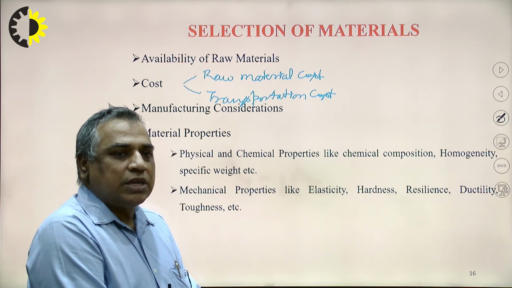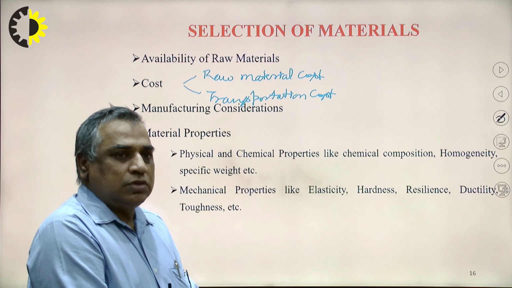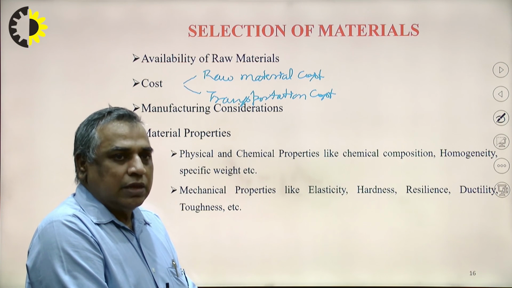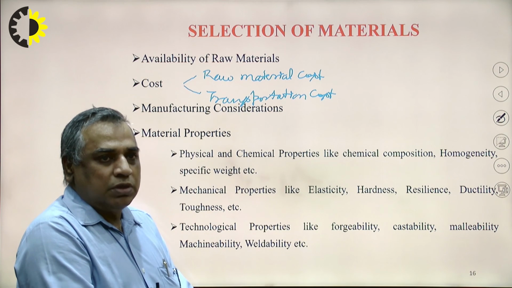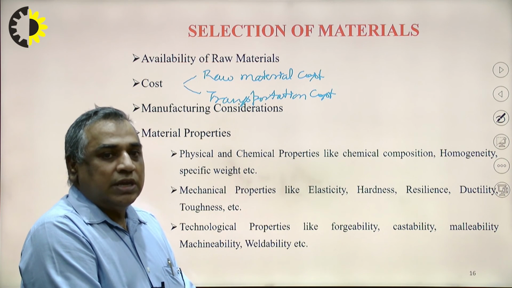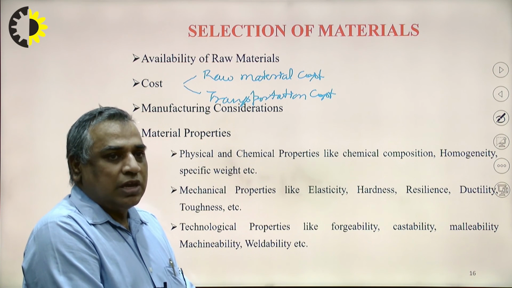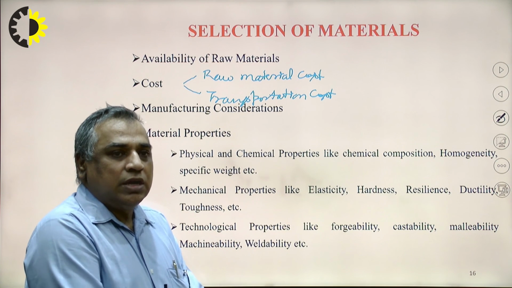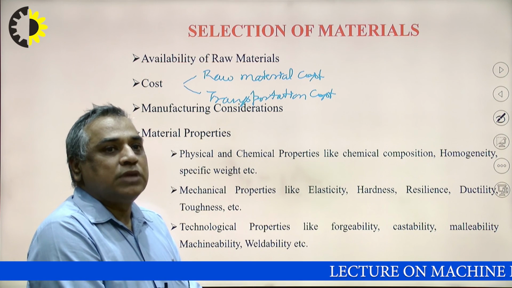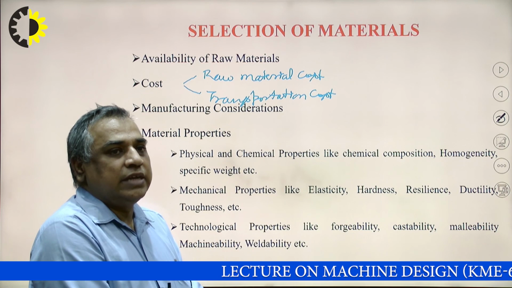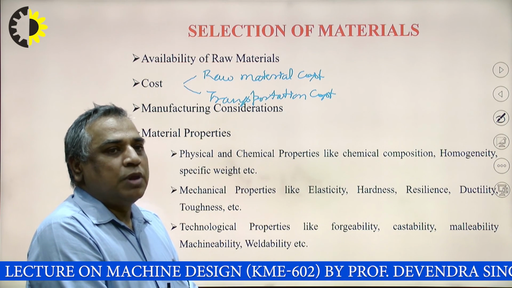So various mechanical properties and tribological properties we need to consider for selection of materials for the mechanical design. Then technological properties like forgeability, castability, malleability, machinability, weldability, that I have mentioned in the manufacturing consideration. So these are the basic selection criteria a designer should consider for proper selection of material.